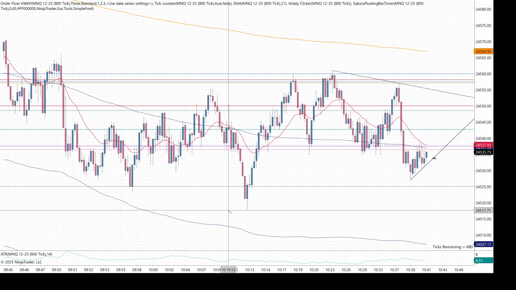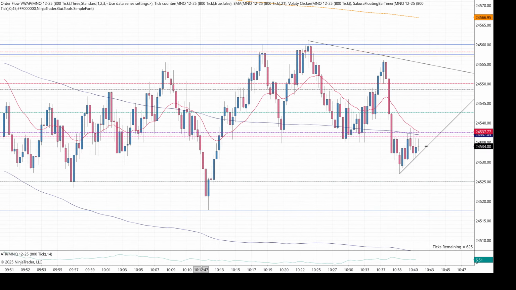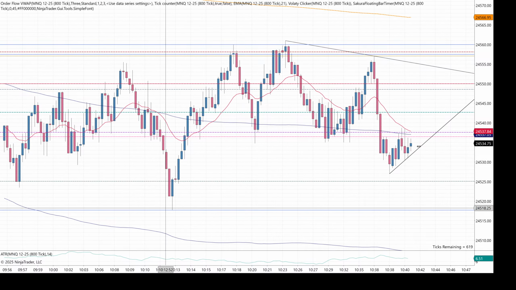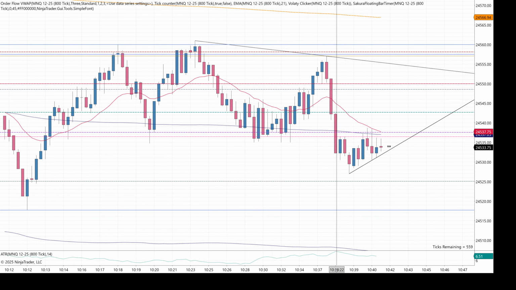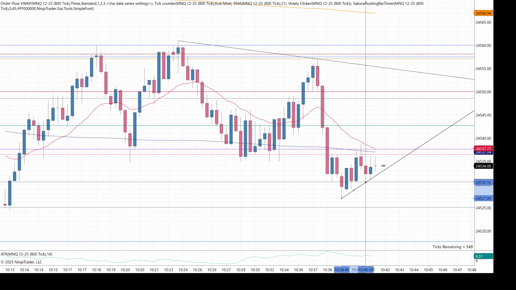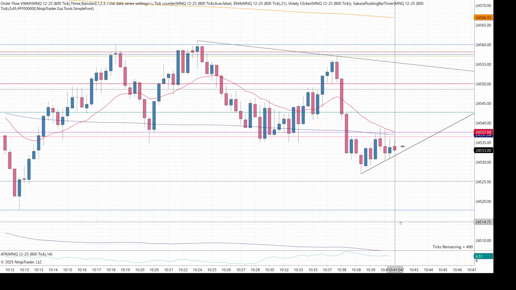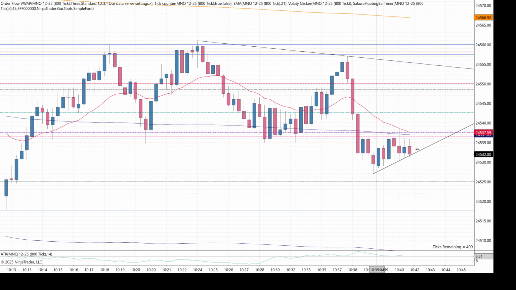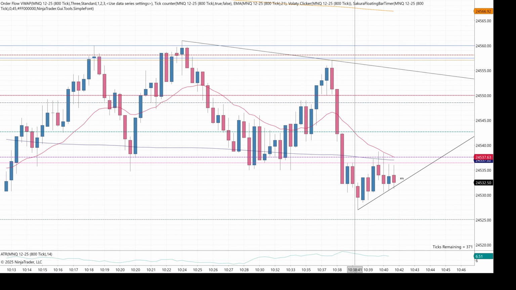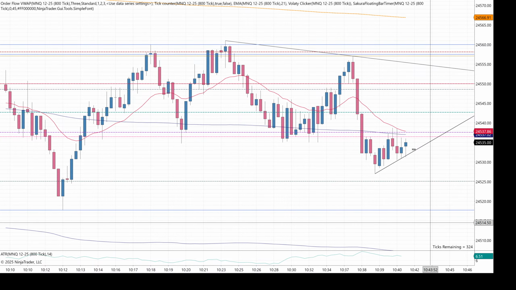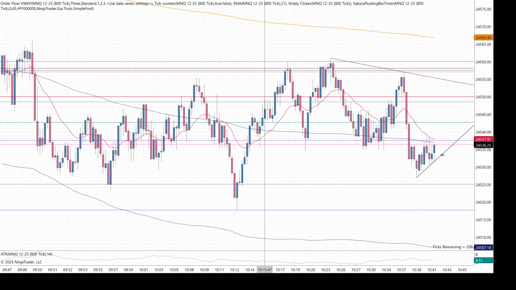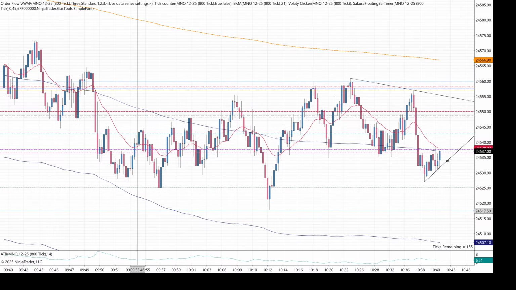This is the New York session low right here, so I'm going to keep track of that because that might act as support. Do we have another reverse head and shoulder situation here?